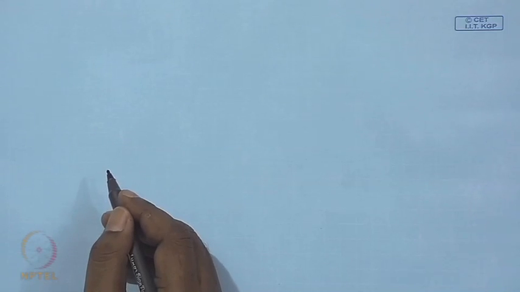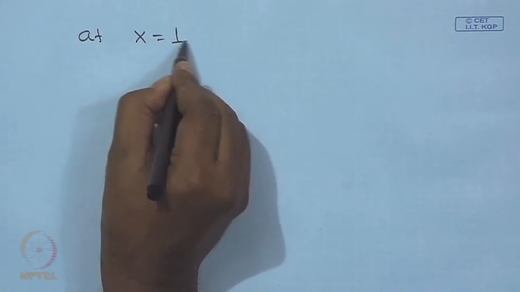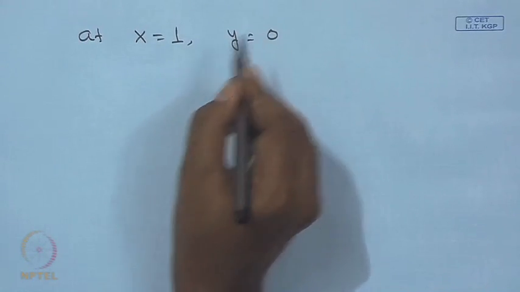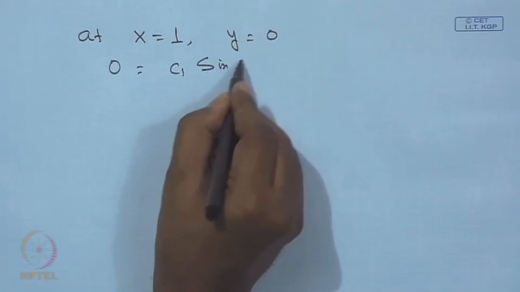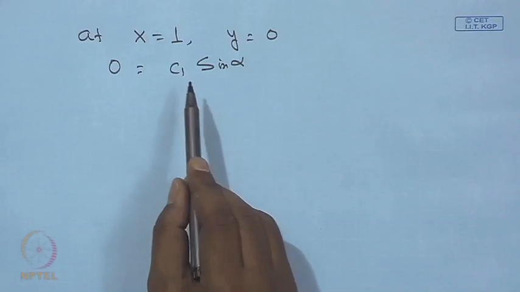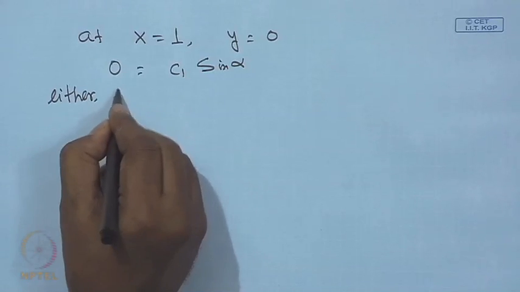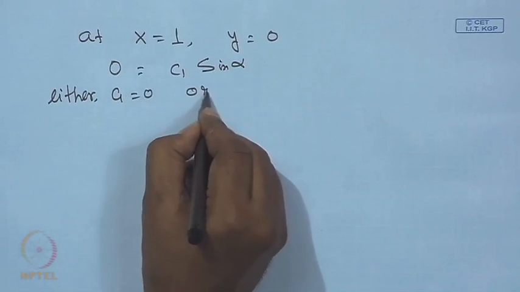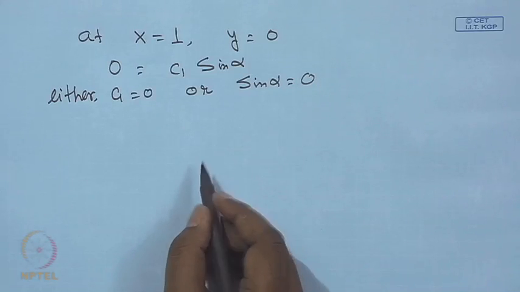Now, let us put the other boundary condition and see what we get as the solution of this equation. The other boundary condition is at x is equal to 1, y is equal to 0. So, if you put y is equal to 0, c 1 sin alpha. Now, there are two options of getting the solution, either c 1 is equal to 0 or sin alpha is equal to 0.